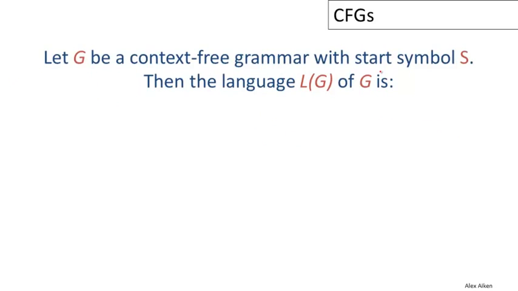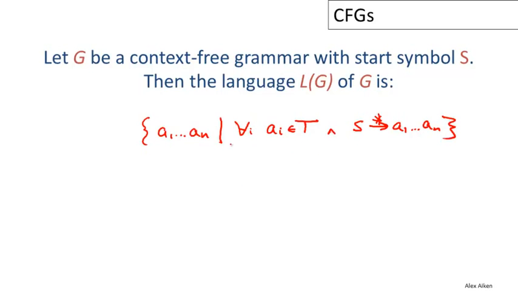So finally, we can define the language of a context-free grammar. So let G be a context-free grammar. It has a start symbol S. So then the language of the context-free grammar is going to be the strings of symbols, a1 through an, such that for all i, a i is an element of T, the terminals of G. Okay, so T here is the set of terminals of G. And the start symbol S goes in 0 or more steps to a1 through an.